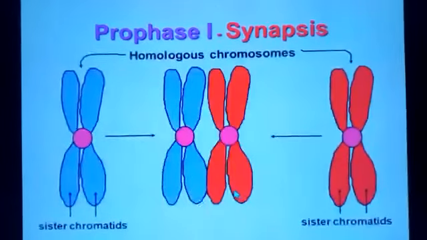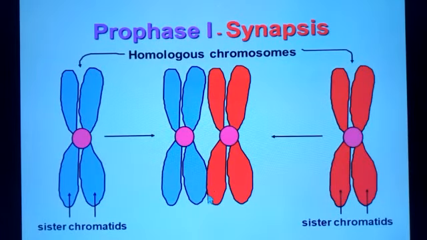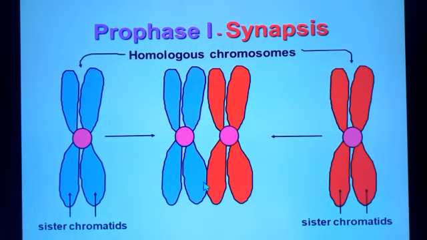For example, here at this segment, the two chromatids. Remember, this is a chromatid from a different homologous chromosome from this one. So this is the point we refer to as chiasma for singular, and chiasmata for plural.